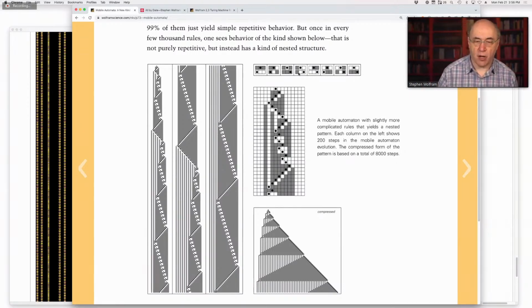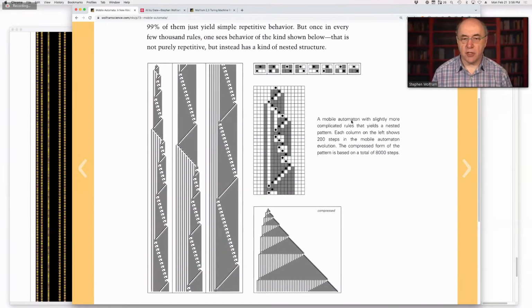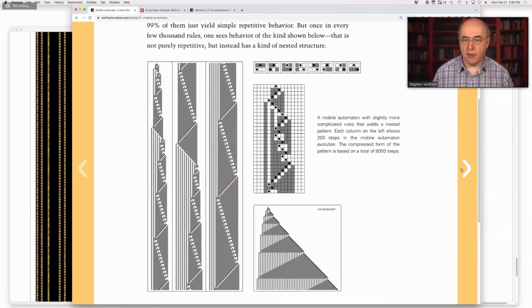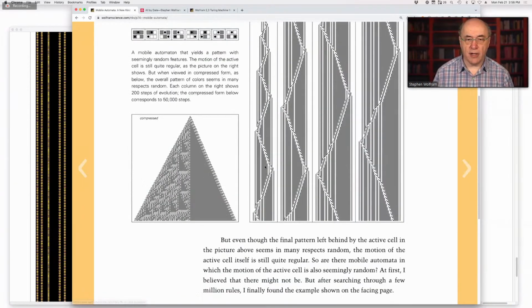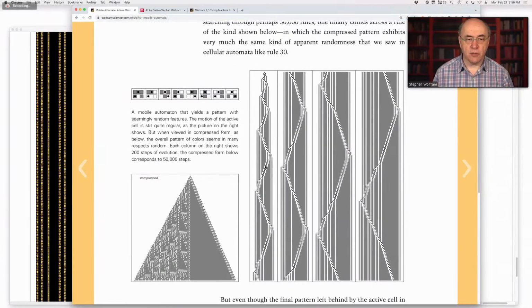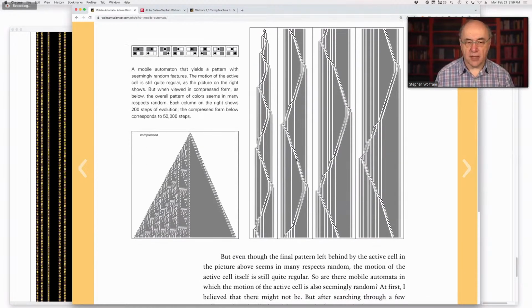So it's a block-to-block transformation. So the question is, what's going to happen here? And again, rather simple behavior. But if you keep going, ta-da, one of those rules produces behavior that is just like a cellular automaton. When you look at its compressed behavior, the whole story of it going backwards and forwards and where its head goes, that's again a complicated thing.